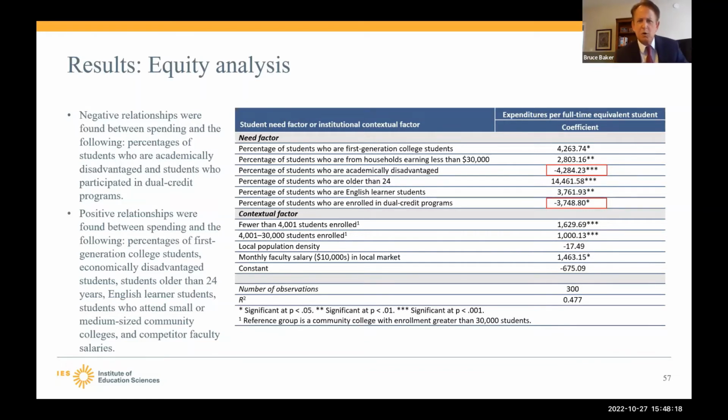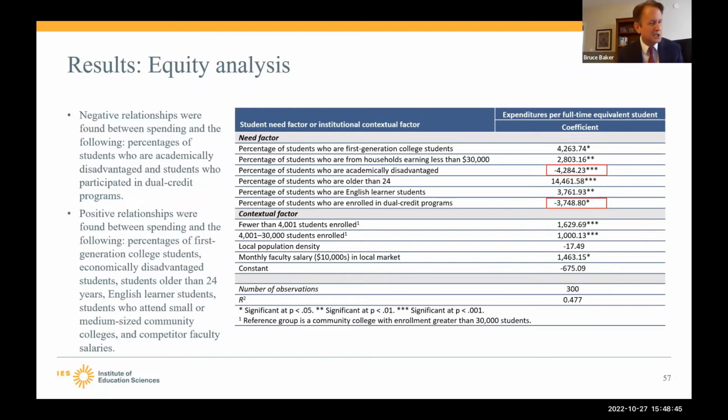If the system were designed to leverage resources to offset that disadvantage, we'd likely see it going the other direction, with more money available where more students are academically disadvantaged. But here we see less funding available with increased academic disadvantage, and where there are more students who are dual credit. But there's some mixed news here.